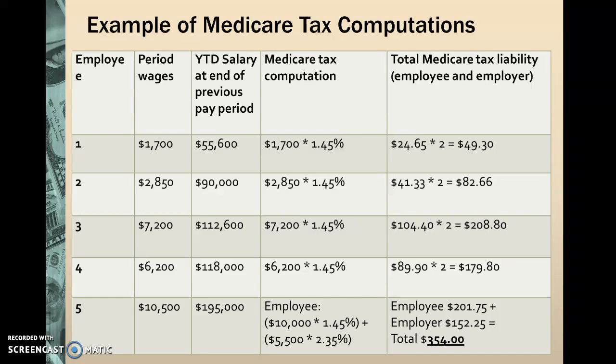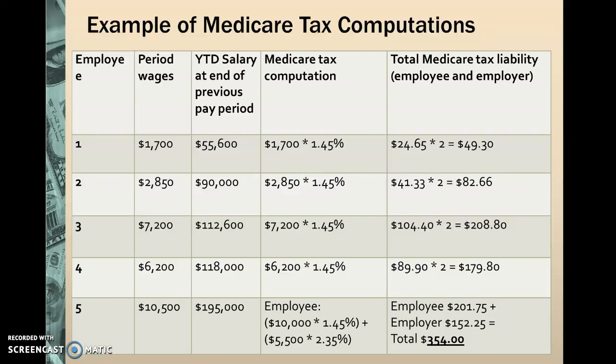So employees 1, 2, 3, and 4 are way under, as you know, the $200,000 for that extra Medicare 0.9%. So basically, you would take your period wages, multiply by 1.45%. In this case, it would be $24.65. And what they're doing there is showing the employee and the employer amount, so it'd be $49.30 total.